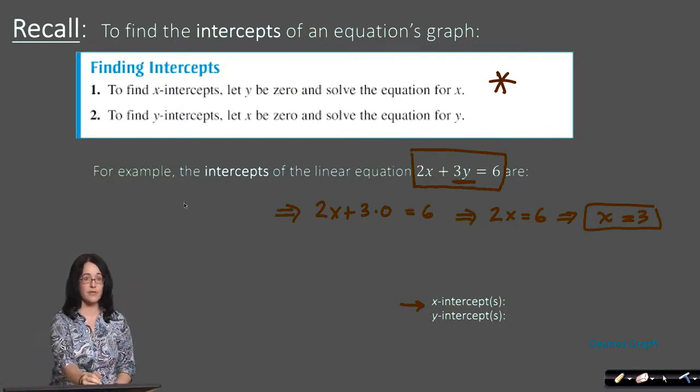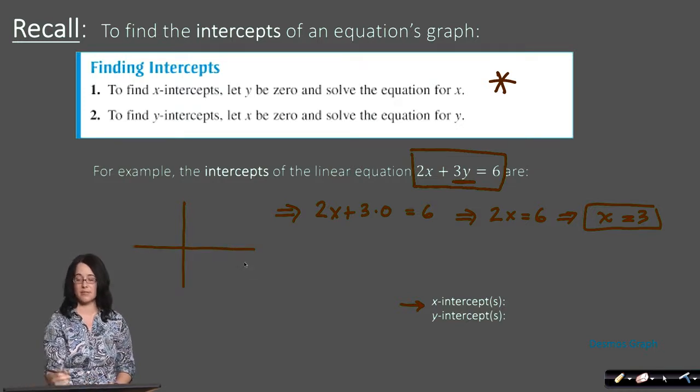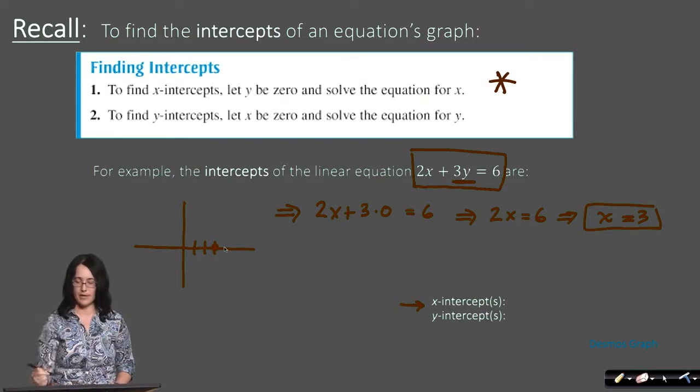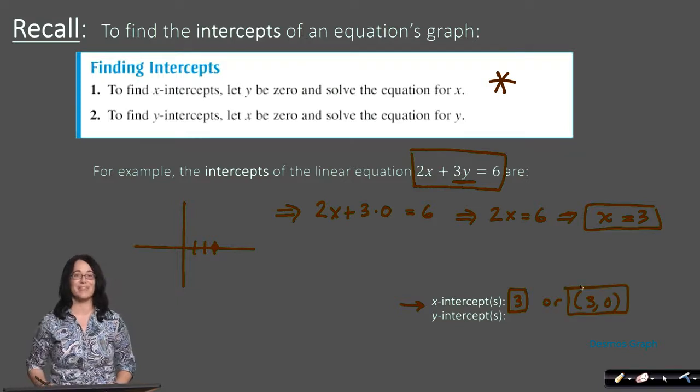So if you were thinking of this on a graph, the only time that y is 0 is when x is 3. So that would be that location. That is our x-intercept. Now you could just say 3 and call it a day. Or you could write it as a point. The point would be 3, 0. Either way, we know what you mean. Okay, so we could say the x-intercept is 3 or it is found at the location of 3, 0.